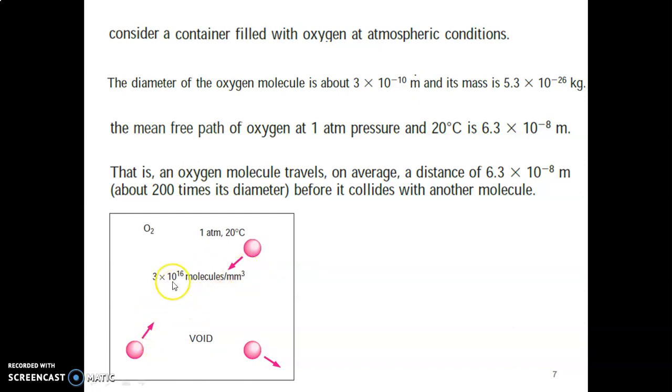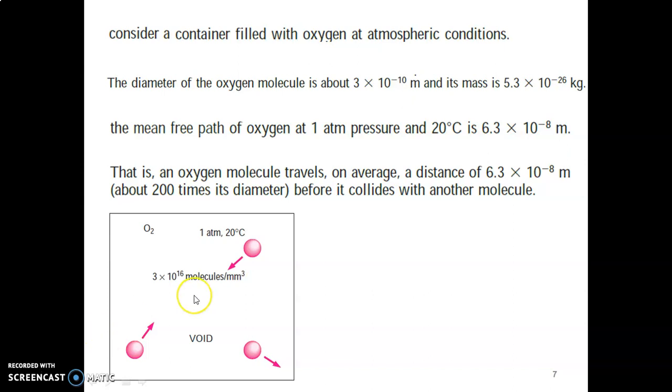If you consider multiple collisions, you can record the distance traveled by a particular molecule from one collision to the next.